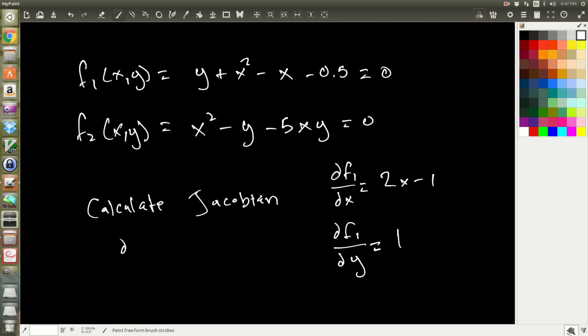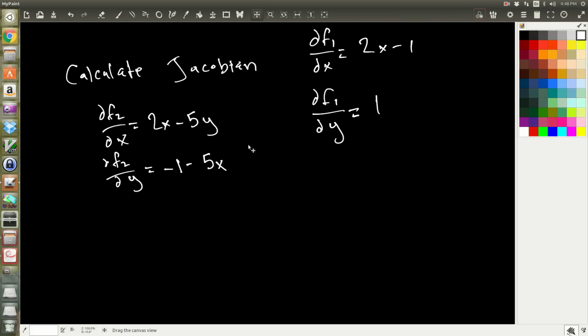Now the partial derivative of f2 with respect to x is going to give us 2x minus 5y. And then the partial of f2 with respect to y is going to give us minus 1 minus 5x.